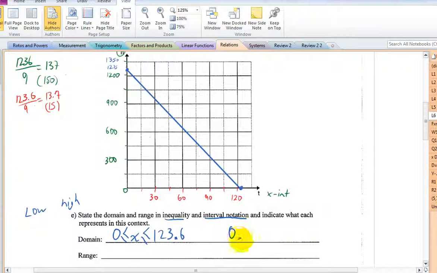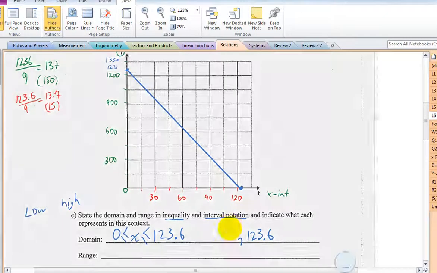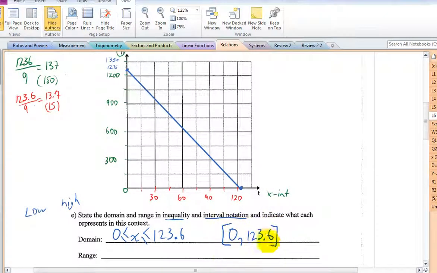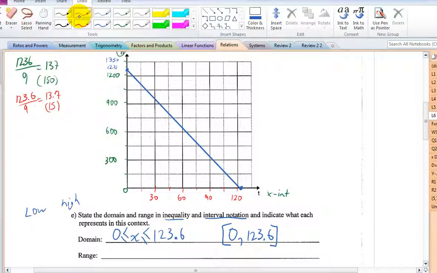So low is 0, comma, 123.6. Should we use rounded brackets or square brackets? Square brackets. So we have square brackets. There you go. Okay, you do that for the range now. It's going to be very, very similar.